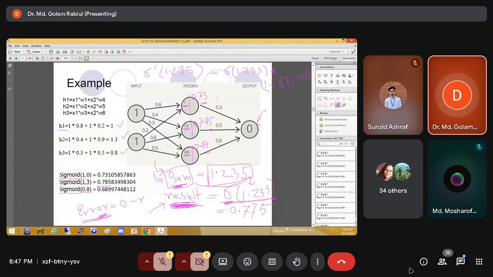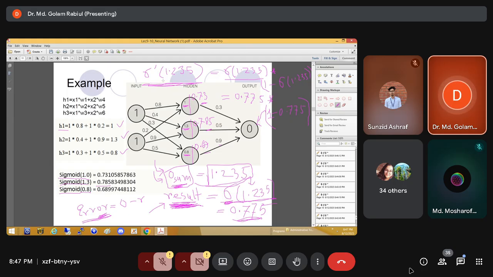Sigmoid of x is 0.775, so it will be 0.775 times 1 minus 0.775. Then we will get the derivative.